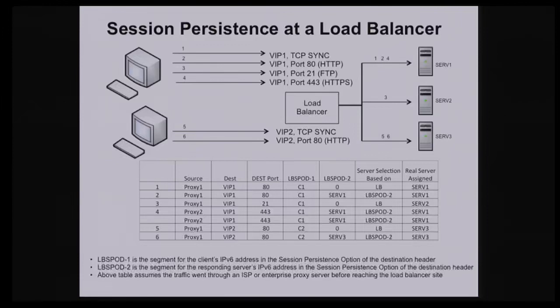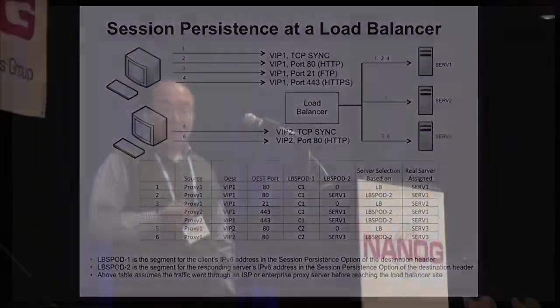And if you do have an SSL accelerator, this destination header can be put behind the encryption header, because the packet is going to be routed to the accelerator, get decrypted, and sent back to the load balancer.